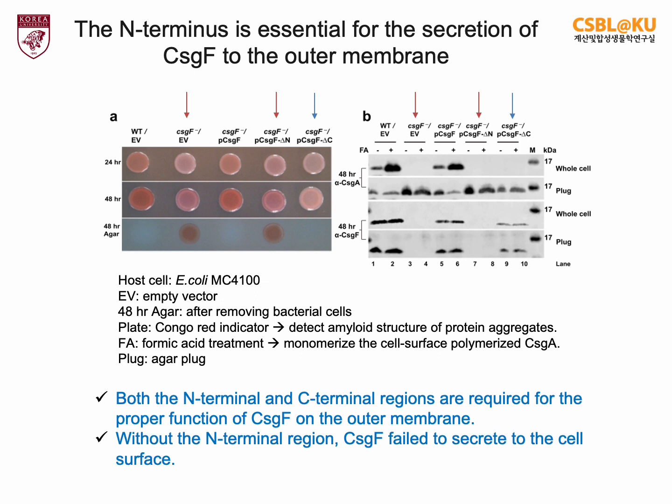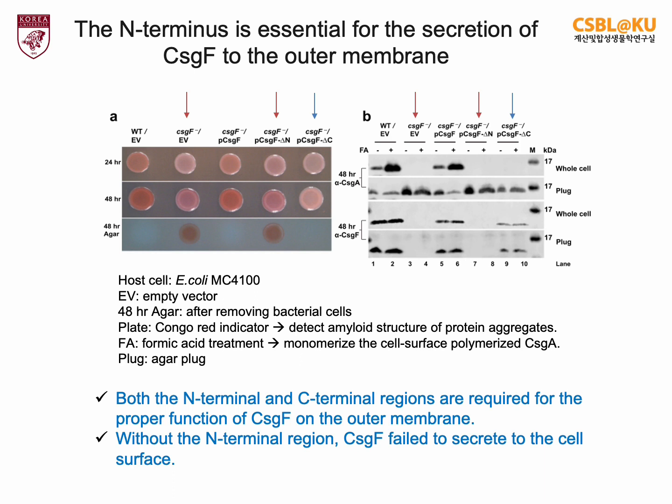To better understand how the N- and C-terminal domains contribute to wild-type CsgF function in vivo, CsgF knockout strains harboring N-terminal and C-terminal truncated CsgF plasmids were characterized. CsgA that is secreted by curli-forming cells is assembled as amyloid fibers on the outer membrane.